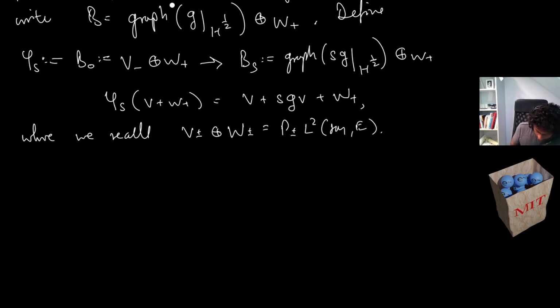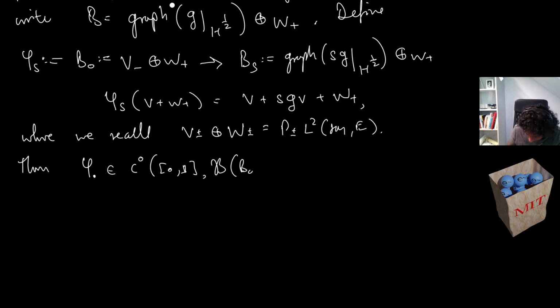So okay, so then phi dot is continuous from the unit interval into this bounded space B naught to BS.